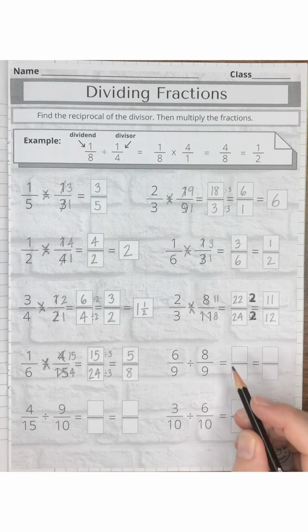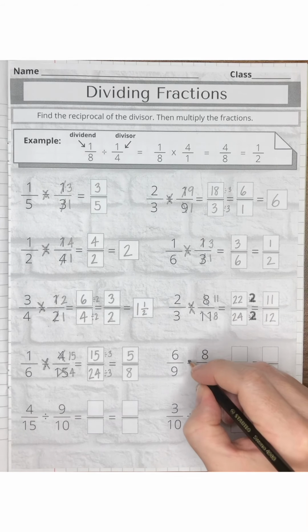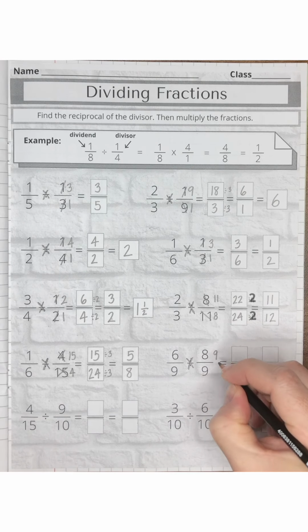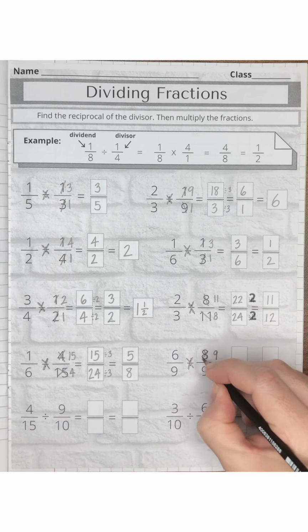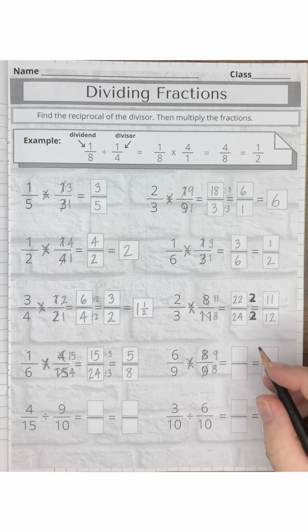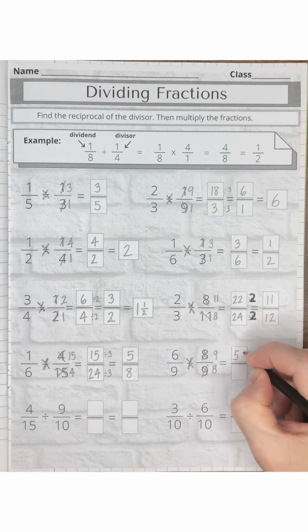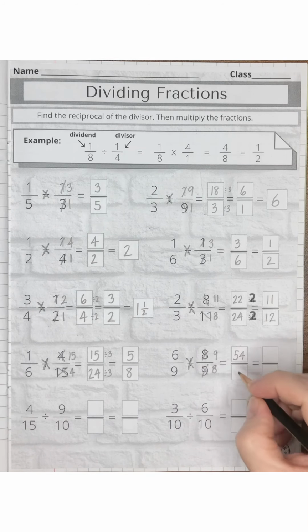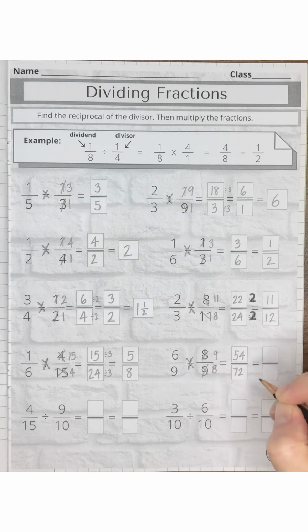6/9 divided by 8/9. We will change the operation, inverse the divisor, and we get 54 for the product of 6 and 9, and 9 times 8 is 72.